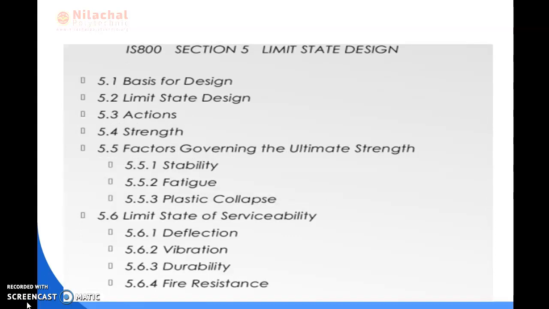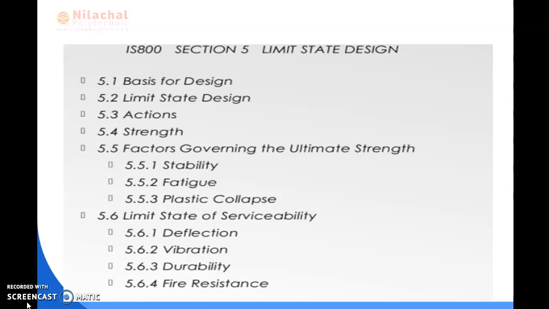This is the section on limit state design, which follows IS 456:2000. We discuss Section 5, basis for design, article 5.1. In article 5.2 we discuss limit state design, then the article on actions. Article 5.4 covers strength, and article 5.5 covers the factors governing the ultimate strength: stability, fatigue, plastic collapse.